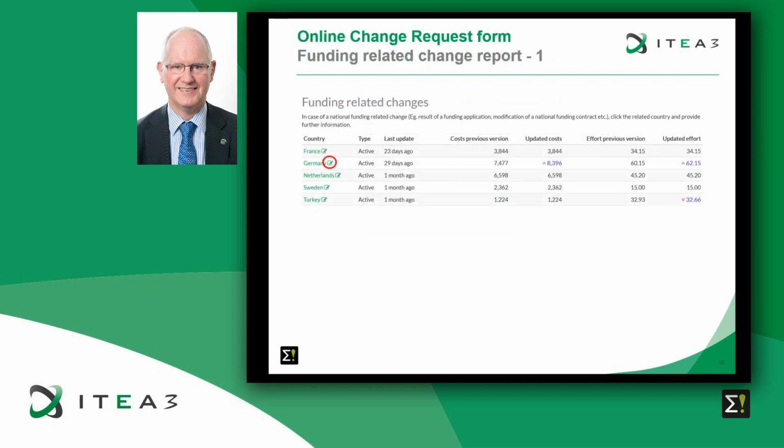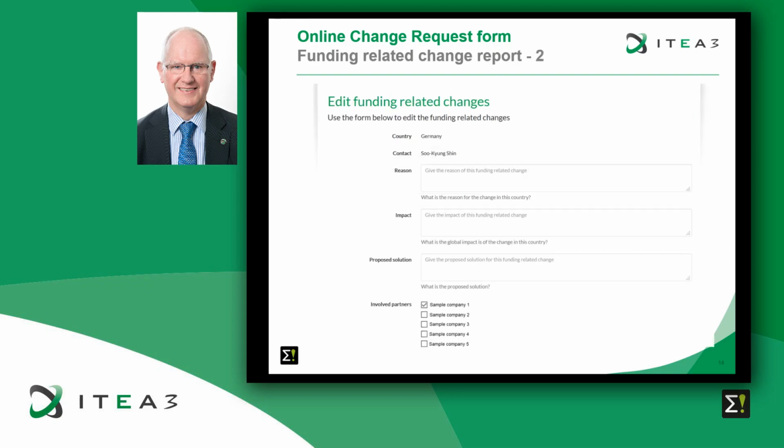Now let's have a look if we want to clarify the issue with the funding related change report. So first of all, there was a change in Germany. So let's click on the item indicated by the red circle. When you press this button, you will come to a screen where you can fill in the missing information.